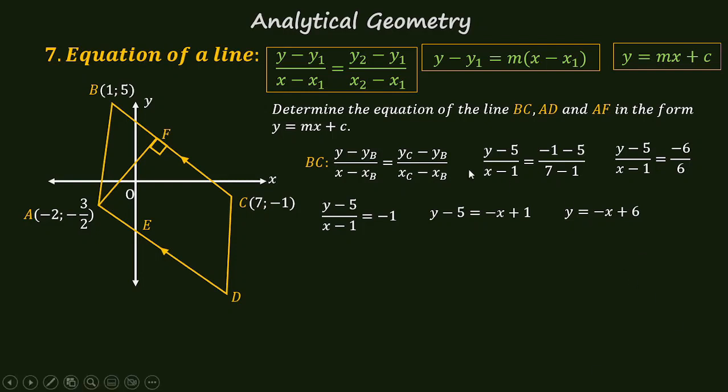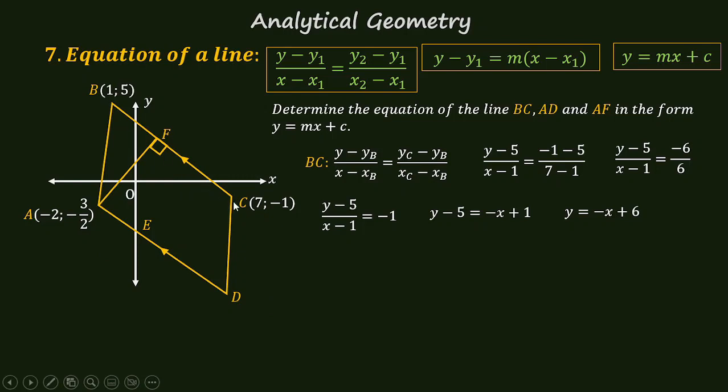Now let's find the equation of the straight line AD. On the straight line AD, if you look at it, we only have the point A with coordinates minus 2, minus 3 over 2. And we have nothing else on that straight line except the information that AD is parallel to BC, which is shown by these arrows. So these 2 arrows tell us that AD is parallel to BC.